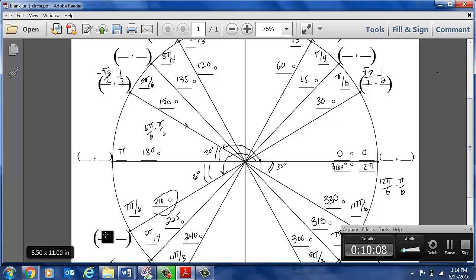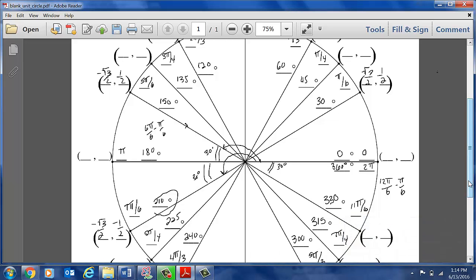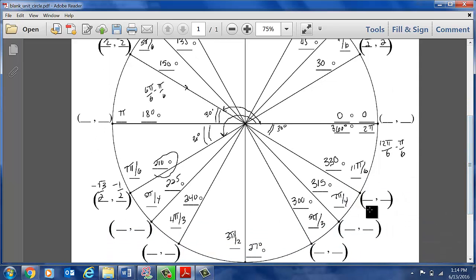So this point would also be negative square root of 3 over 2, and this time we would go down negative 1/2. Same thing, using symmetry. Using symmetry on the other side, this point would be positive square root of 3 over 2, negative 1/2.